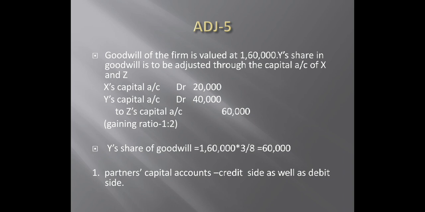It simply indicates that Z's capital has been credited when the amount is paid by X and Y. Same logic can be applied on debit side. X and Y's capital accounts have been debited because they have paid to Z. Alright? Please study this adjustment with extreme care. It is really important, and posting even.